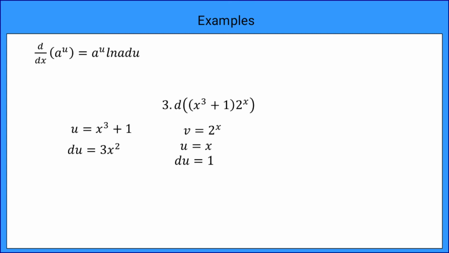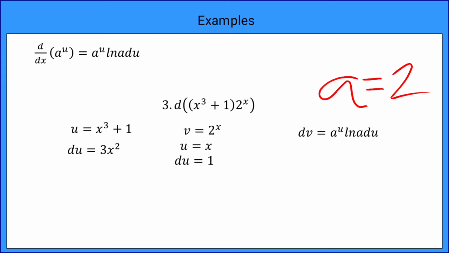And again, our a is equal to 2. So we're going to convert it to the format of our rule, a raised to u ln a du. Again, our a is equal to 2, so we have 2 raised to x, our u is x, and then ln 2 times 1, because our du is equal to 1.